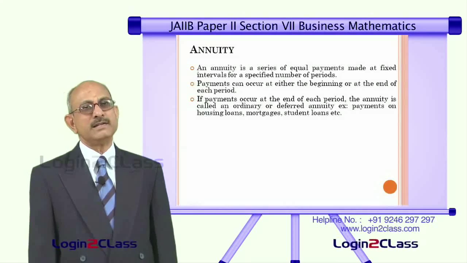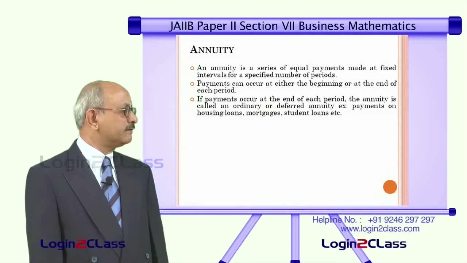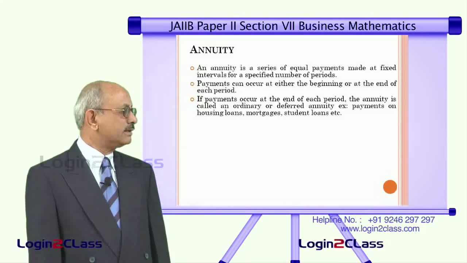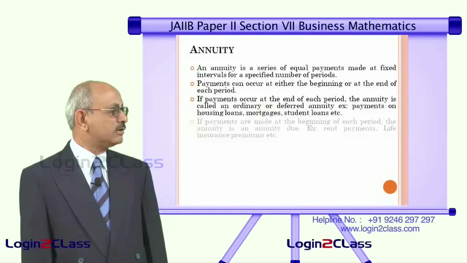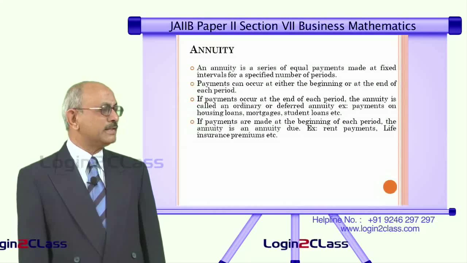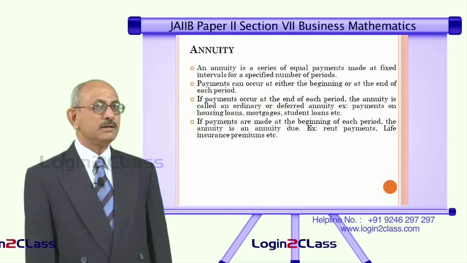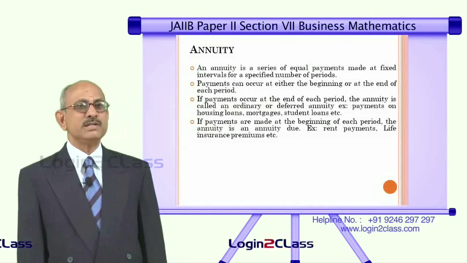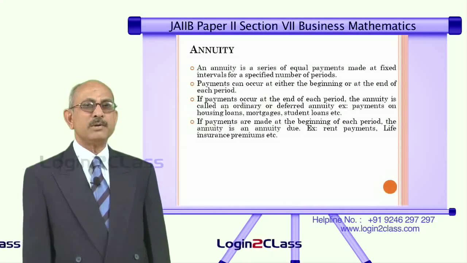Here again a distinction is made between two kinds of annuities. One is called an annuity due, then another is called an ordinary annuity. So, normally if payments are made at the beginning of each period, that means you are making the payment in advance, such annuities are known as annuity due. For example, rent payment.